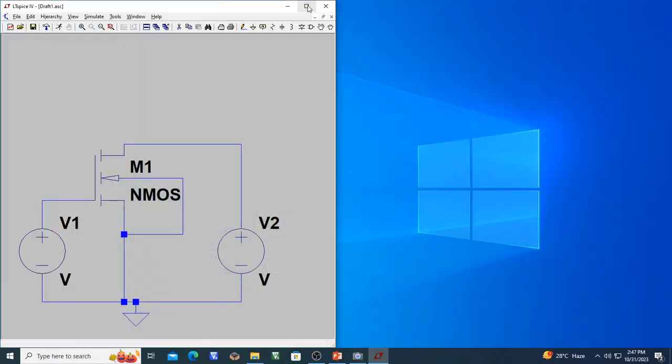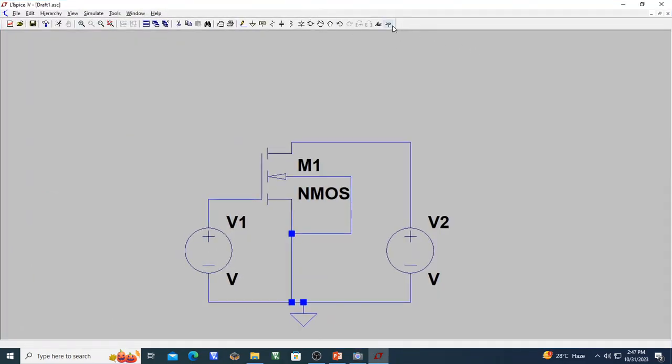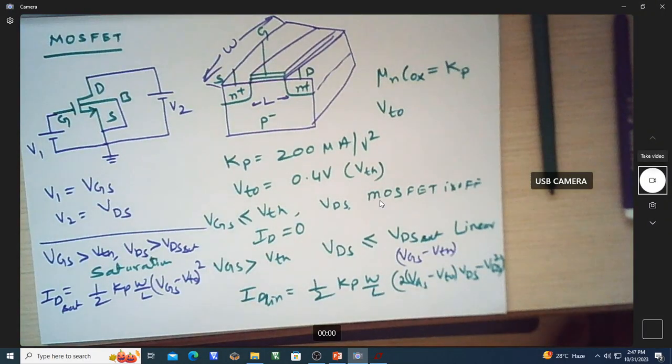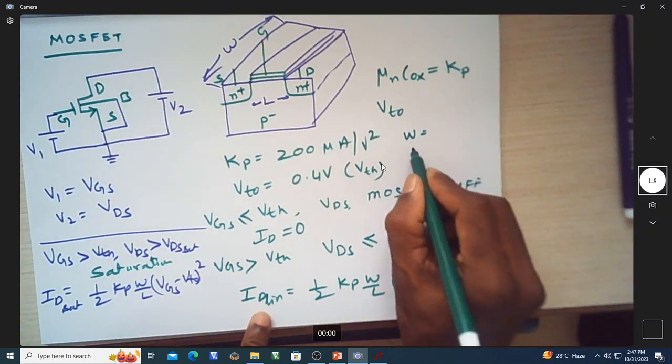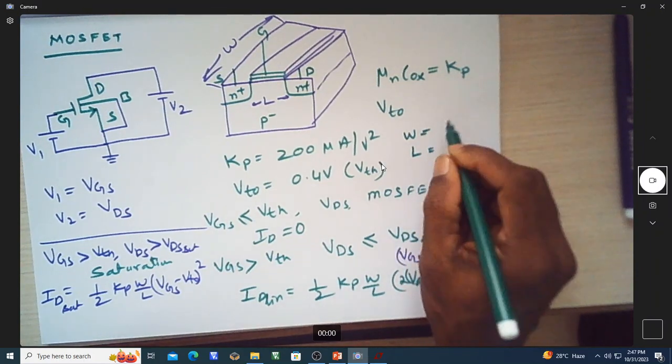For doing that, you can see there is a .op SPICE directive, because for the simulator I should say what the specifications of this are. As I said, over here I have written KP and VTO as this much, and of course I need to specify the width of the transistor and the length of the transistor.